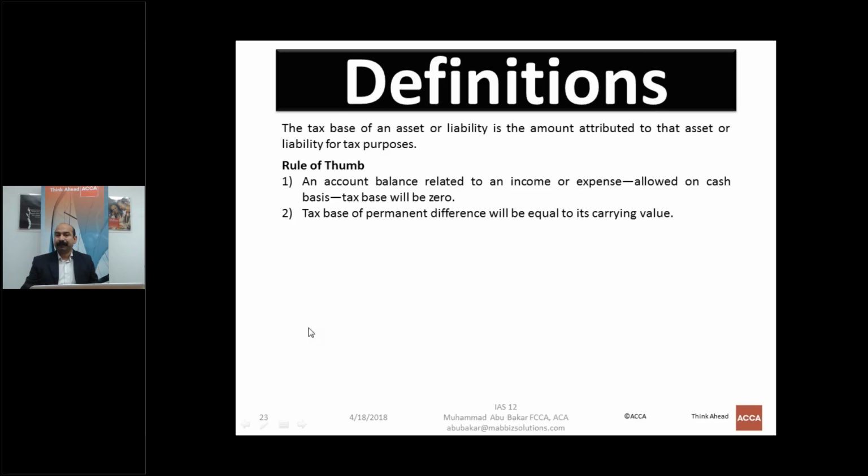If you are applying the balance sheet approach, which is recommended by the standard for the calculation of deferred taxation, and there is a permanent difference either in an asset or in a liability, simply take its tax base as equal to its carrying value. Make your life simple.